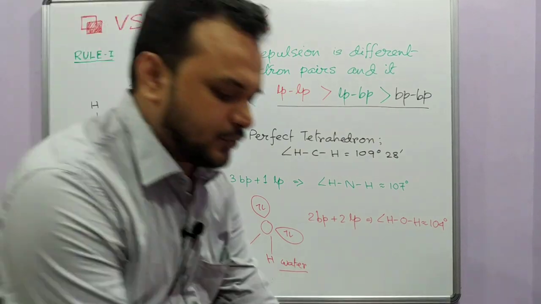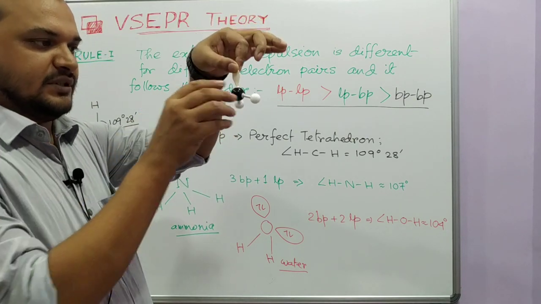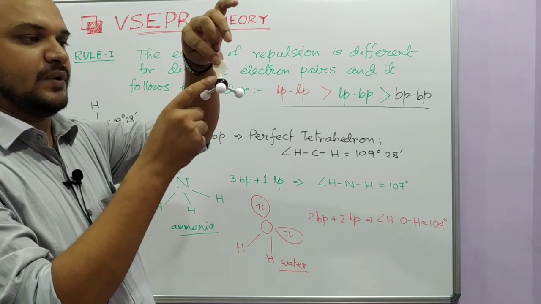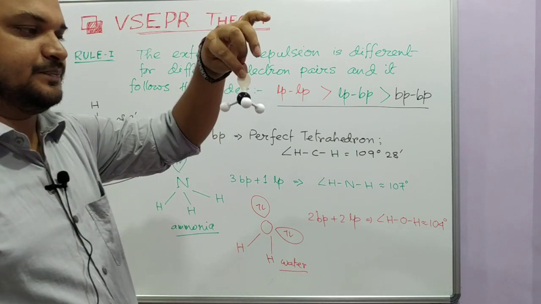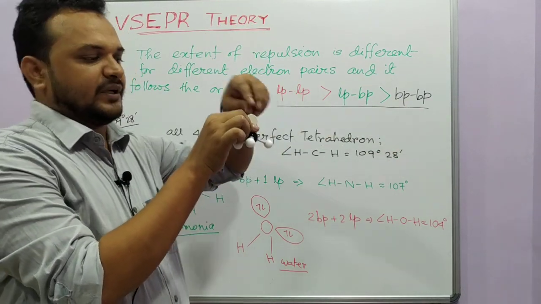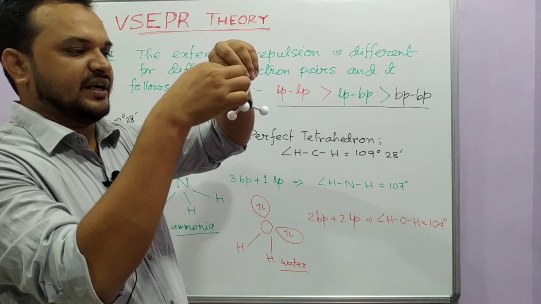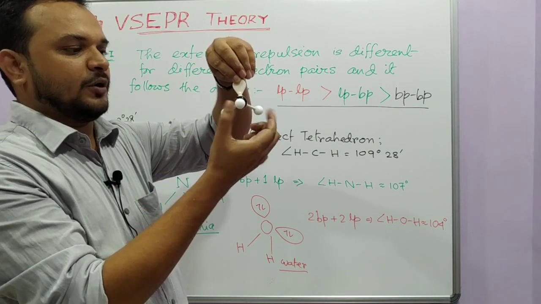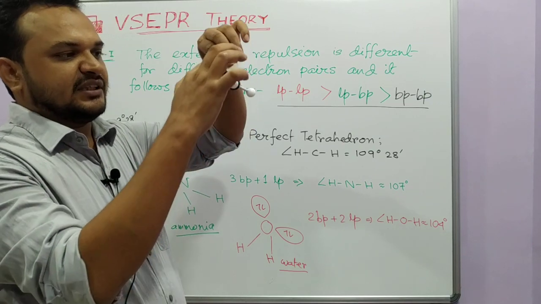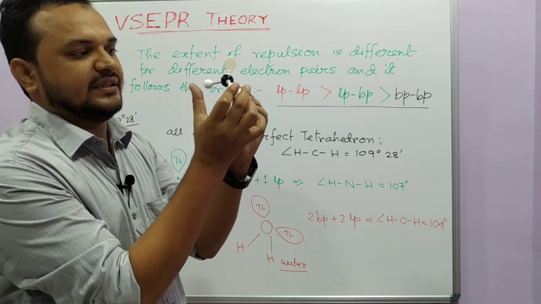Now when we come to ammonia, this is your ammonia molecule. This one is the lone pair, and these three are the three N-H bond pairs. This black one is the nitrogen and these three white ones are hydrogen. Now as I said, lone pair-bond pair repulsion is greater than bond pair-bond pair repulsion. That means these lone pair-bond pair repulsions are stronger than these bond pair repulsions. So as a result, since this force is stronger than this force, this bond will bend like this.